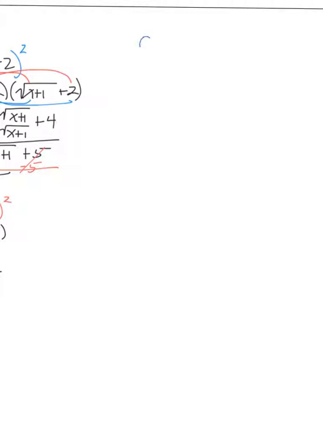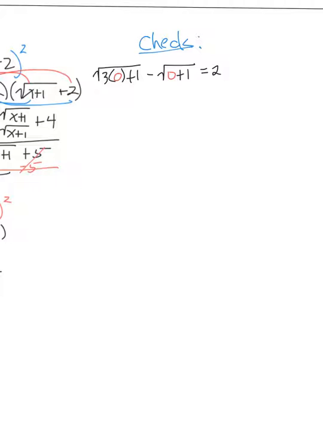So check. We are almost done. Okay, so my original problem was the square root of 3 times x plus 1 minus the square root of x plus 1 equals 2. So wherever there was an x, I'm going to start off with putting a 0.